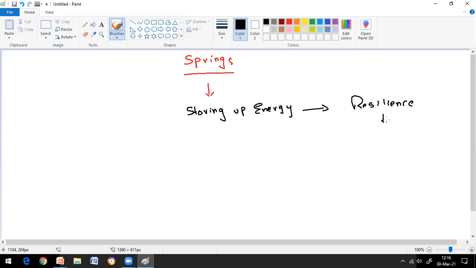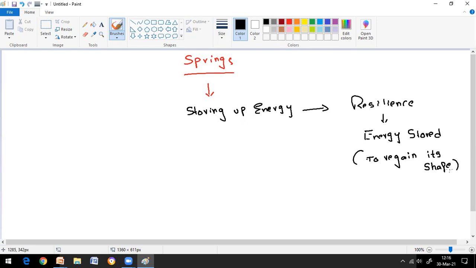Resilience is nothing but energy stored in a body to regain its shape.